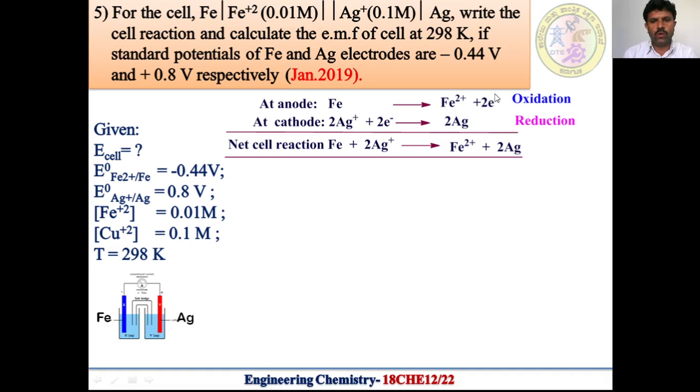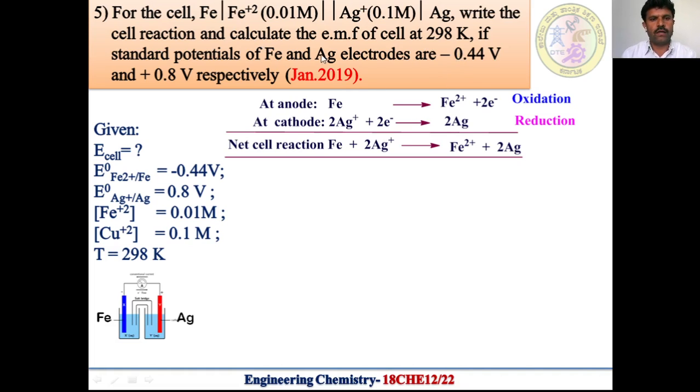Since 2 moles of electrons are released, 2 moles of silver ions react with 2 moles of electrons and become 2 moles of silver. The net cell reaction is Fe plus 2 Ag+ gives rise to Fe2+ plus 2 Ag. This is the first question.